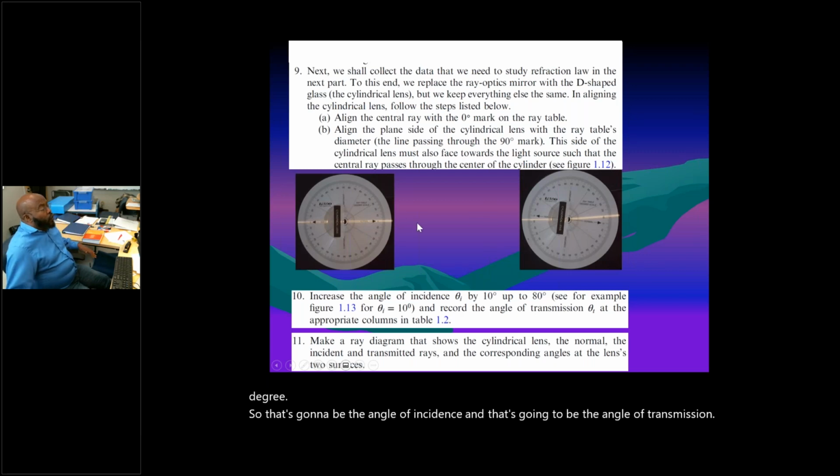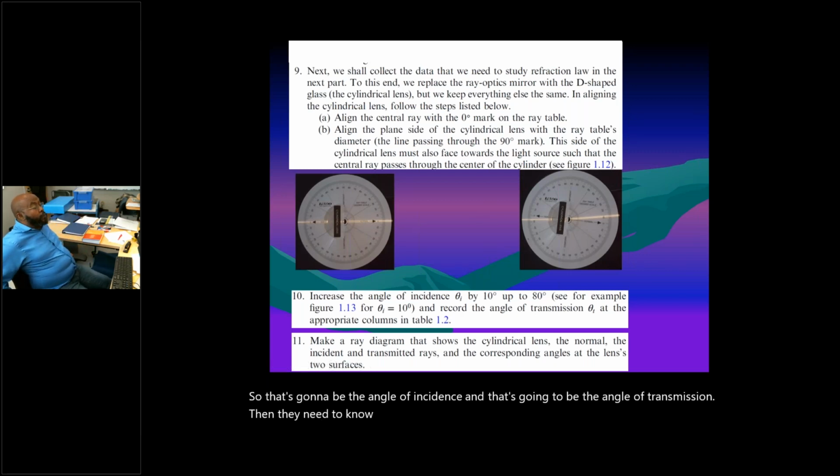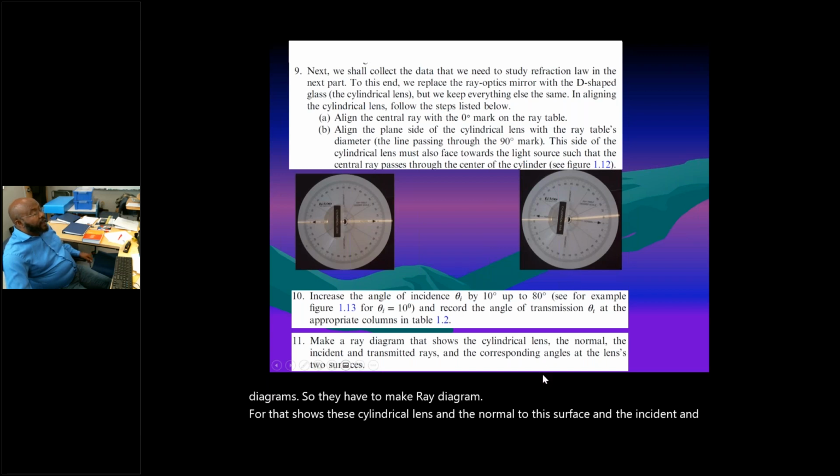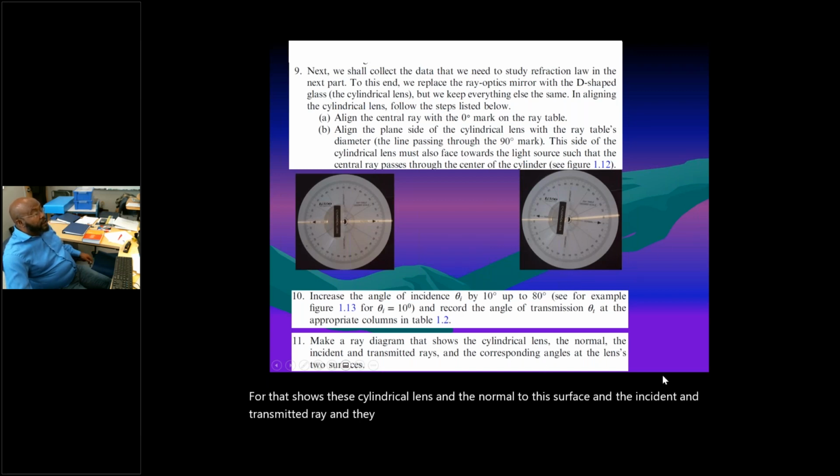When they do an optics lab, they also need to know how to make ray diagrams. So they have to make a ray diagram that shows the cylindrical lens, the normal to this surface, and the incident and transmitted rays. And they need to label the corresponding angles of incidence and transmission.